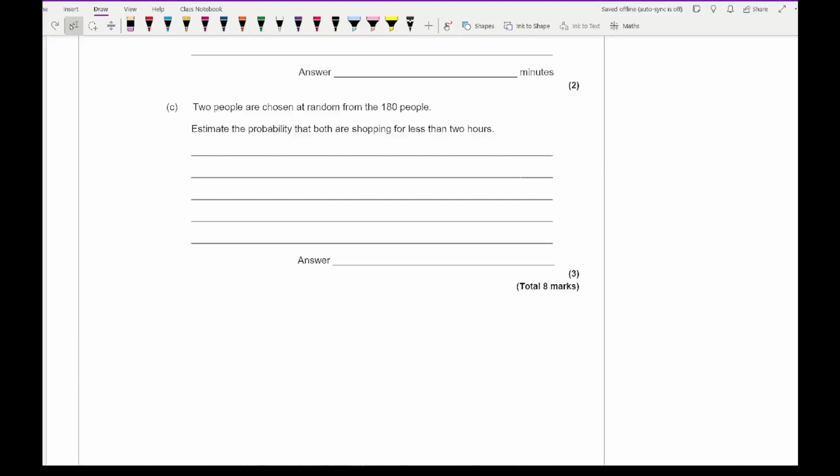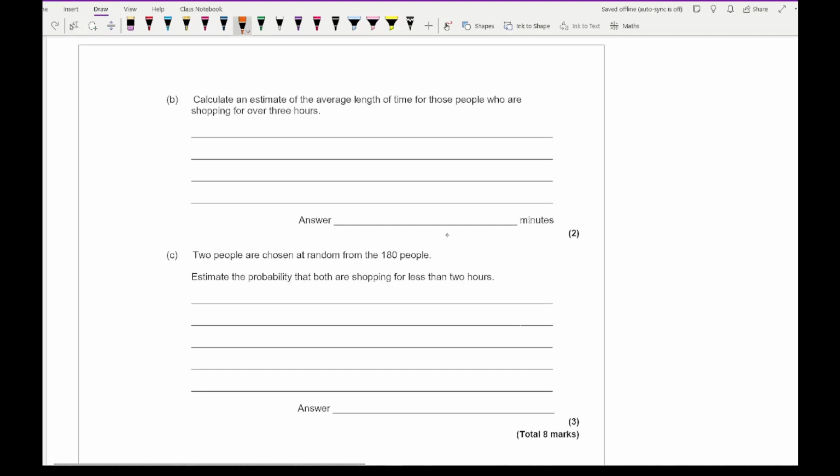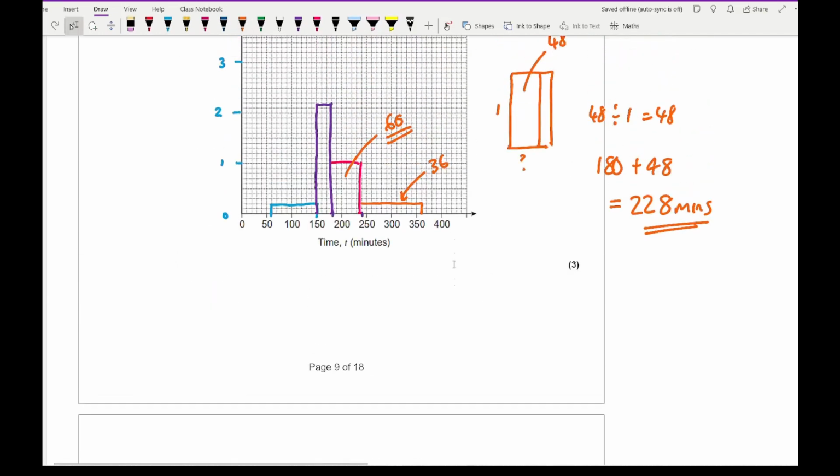Then for part C, it says 2 people are chosen at random from the 180 people. Estimate the probability that both are shopping for less than 2 hours. So to start off, we know that 2 hours equals 120 minutes. If I go back to my histogram, I mark where 120 is.